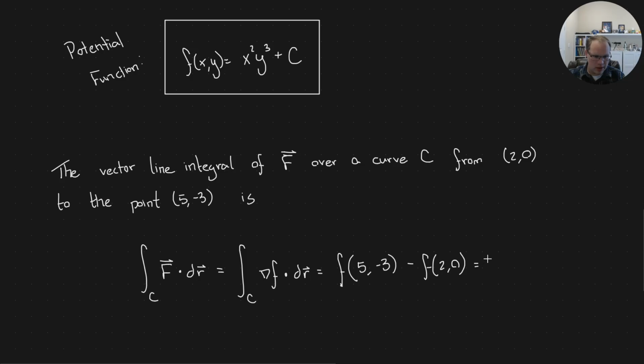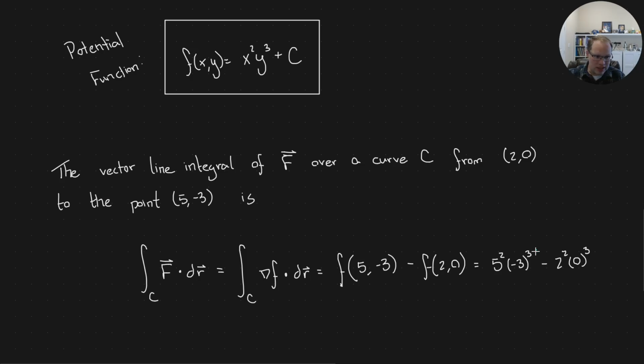So x squared y cubed, I get x squared times y cubed minus x squared times y cubed, just plugging in the x and y values into our potential function.